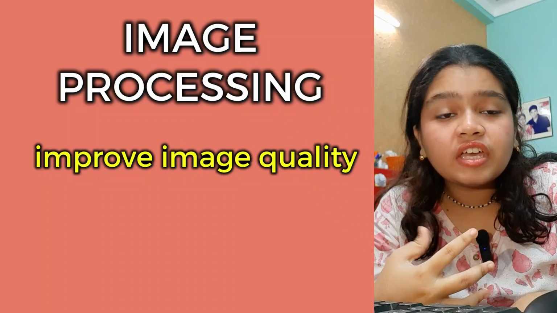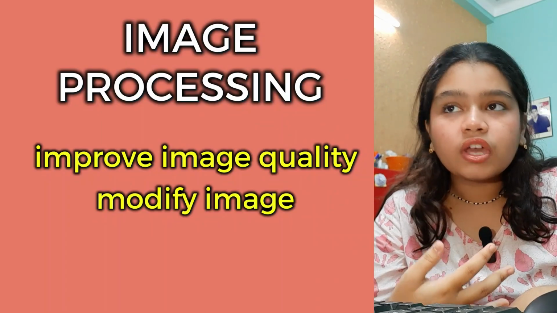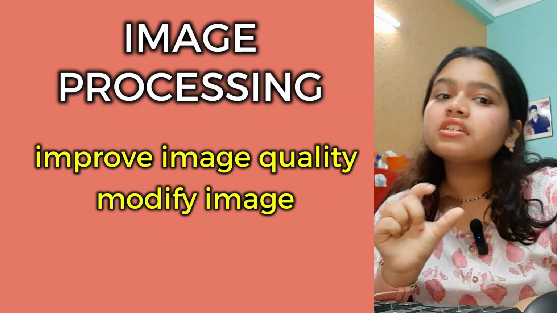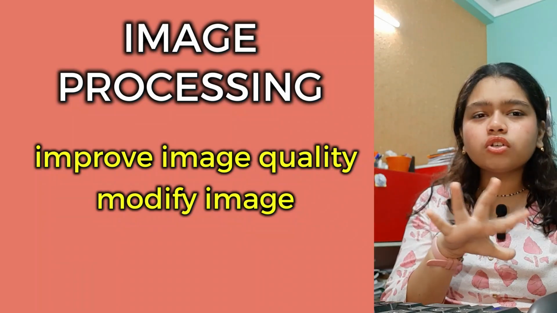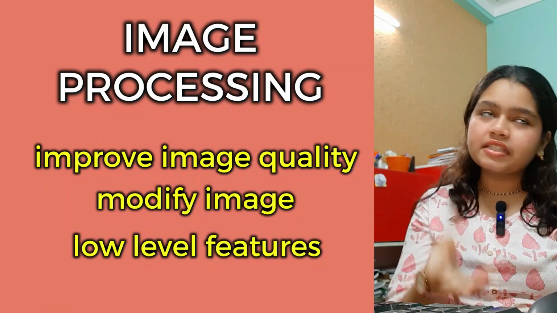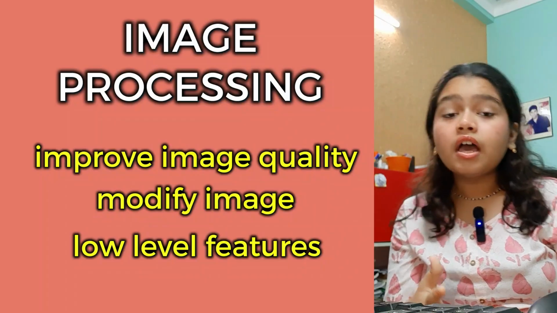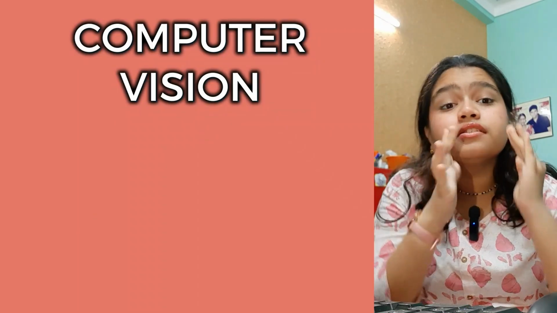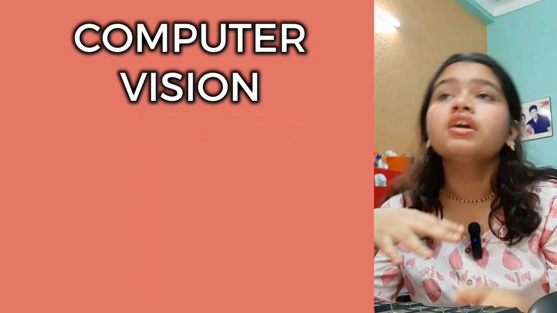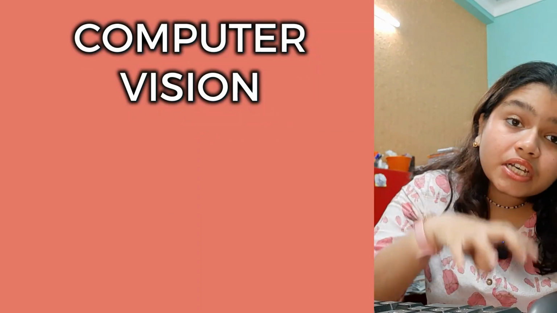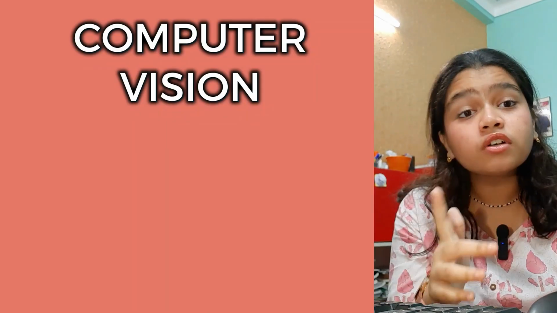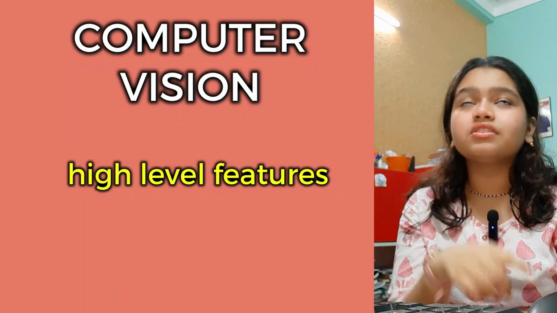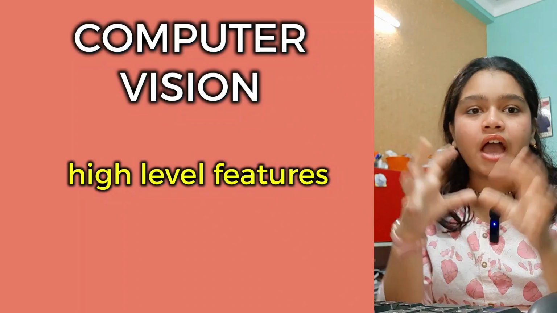To improve the image, to modify the image. That is the basic difference between them. Image processing focuses on low-level features like pixels, edges, and colors. Computer vision is used to extract meaningful information and make an image understandable to the machine, and focuses on high-level features like objects, faces, and actions.